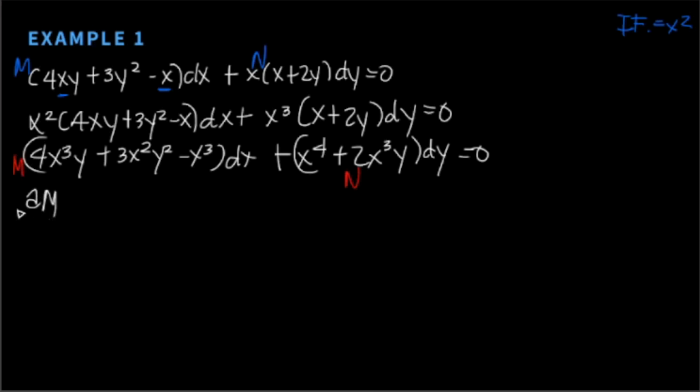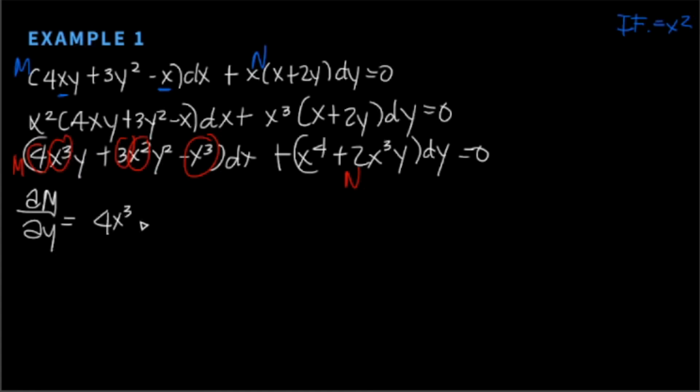So, differentiate natin yung M in terms of y. So, that will be constant yung 4, constant yung x, constant yung 3, constant yung x squared, and constant yung negative x cubed. So, binilugan ko lang yung mga constant natin. So, ikakopy na lang natin siya. So, 4x cubed, tapos differentiate na natin yung mga y.